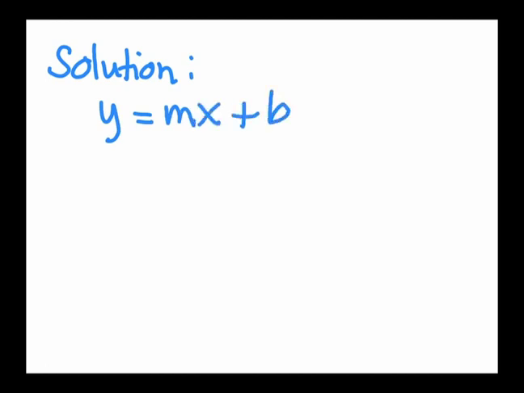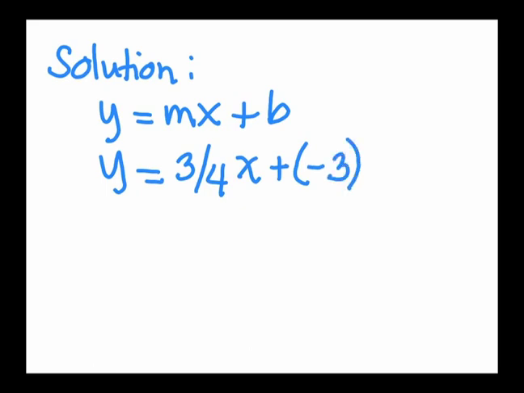Now let's substitute the values of m and b into this equation. So we'll now have y is equal to 3/4 times x plus -3, which will be simplified to y is equal to 3/4 of x minus 3.